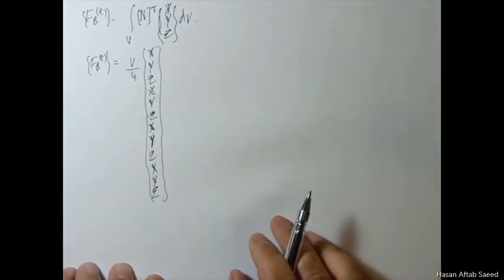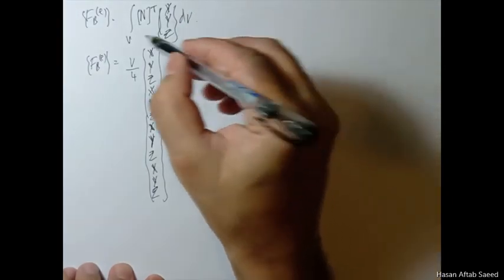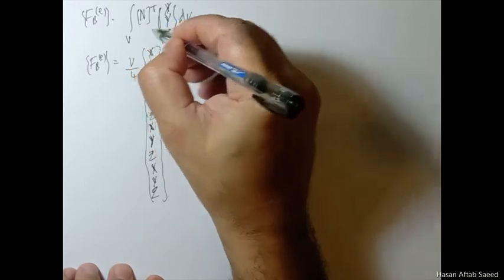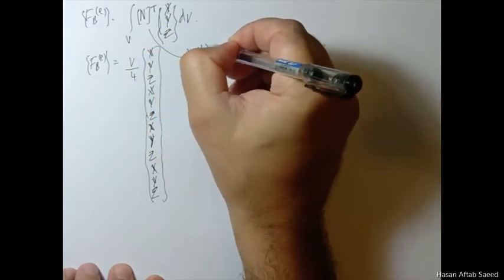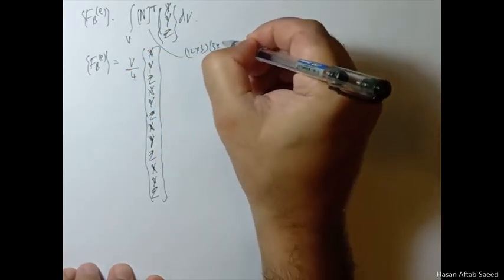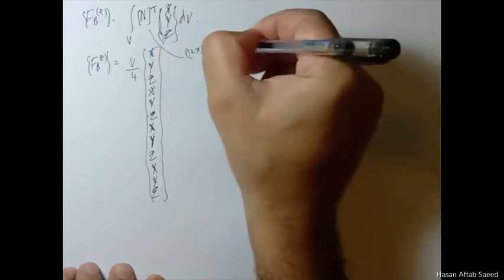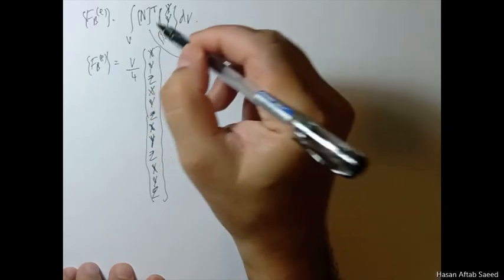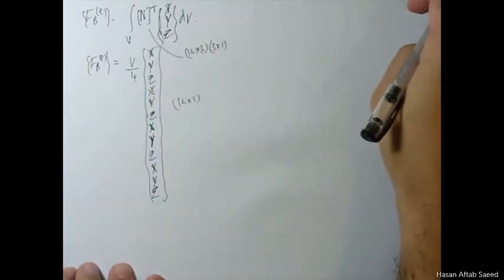Now just look at the dimensionality of this N transpose. This is 12 into 3, and this is 3 into 1, so you should get 12 into 1, and indeed you get 12 into 1, as you should, so there's nothing wrong with this.